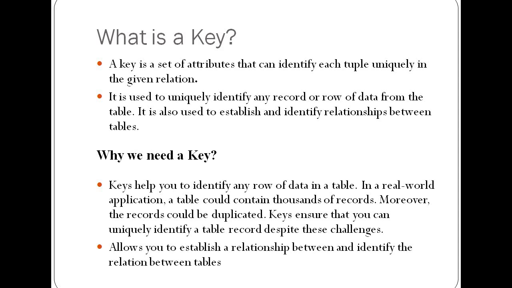These keys help us uniquely identify a row in a table by a combination of one or more columns in that table, and this key can be used uniquely to identify any record or row of data from the table. It is also used to establish and identify the relationships between tables.